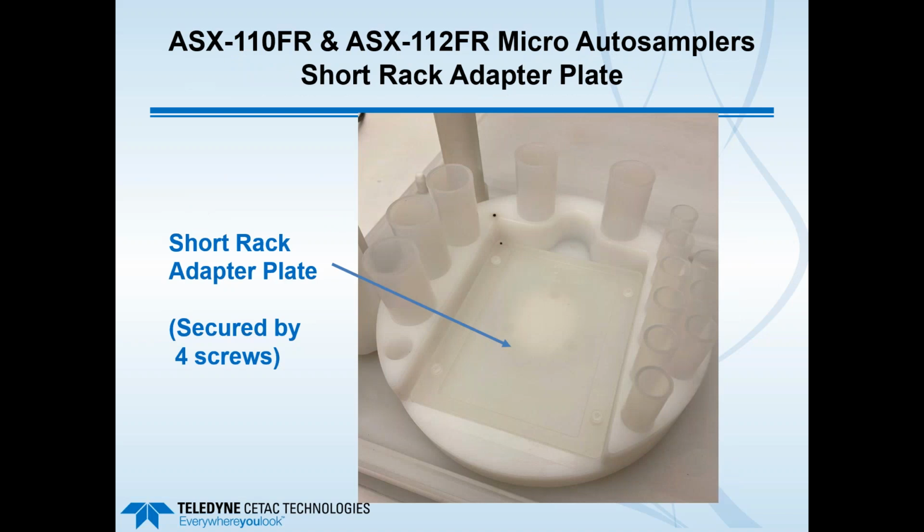So some more details on this. The short racks will have an adapter plate that sits in the middle of the carousel, and this is secured by 4 screws. And there you see around the outside of the carousel are the standard vials, the 20 mL and the 4 mL PFA vials.